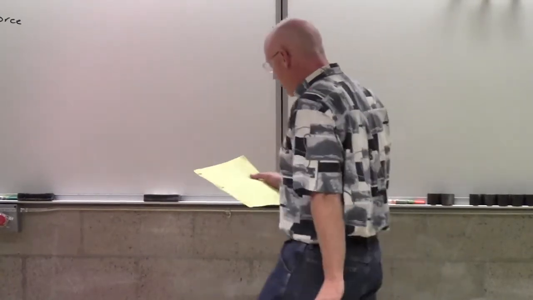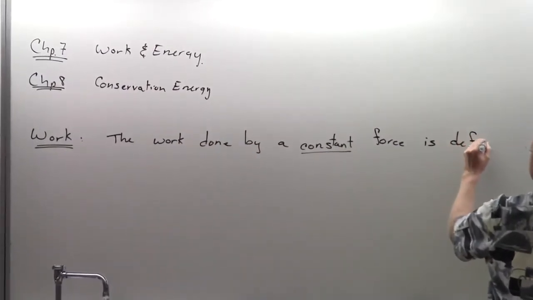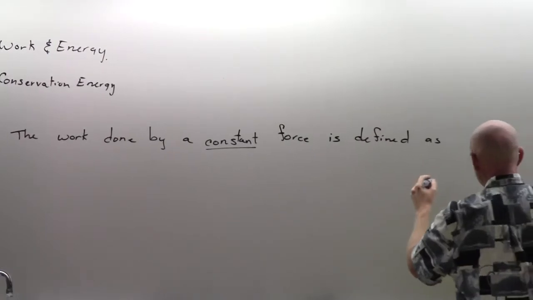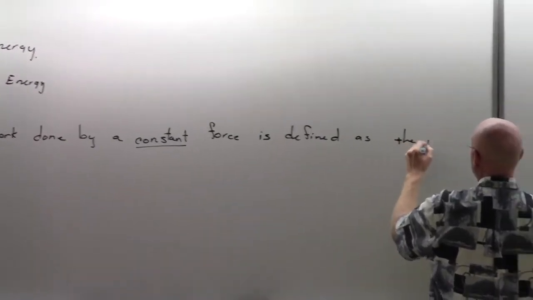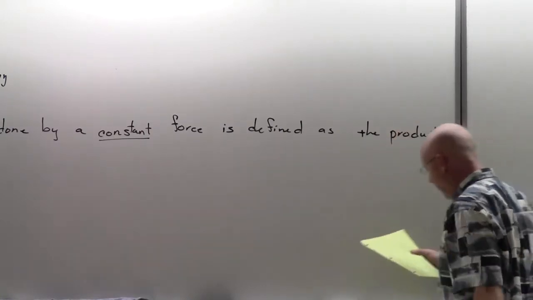But with calculus, we can add to that. So the work done by a constant force is defined as a product. And you probably stated it as force times distance.